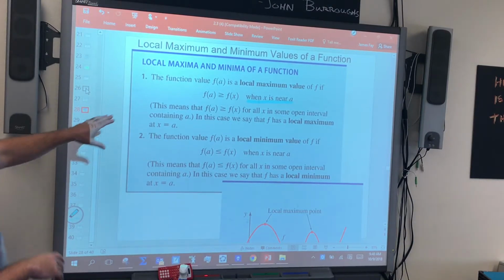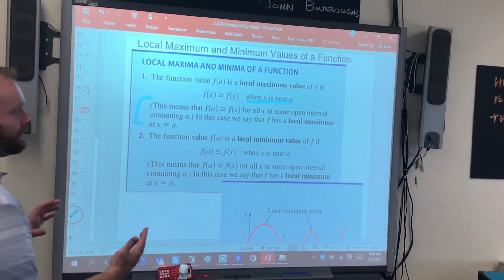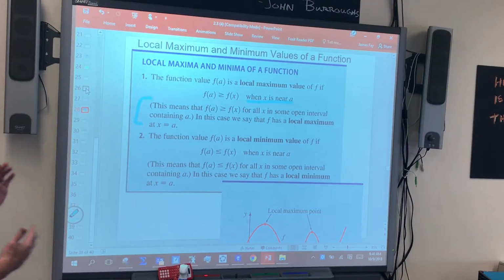But when we look at this down here, the idea is that when we say near a, we're on some open interval that is very close to a. Ultimately, what happens, guys, is we try to get that distance between a and x to be infinitely small, and that makes things a little bit easier for us.